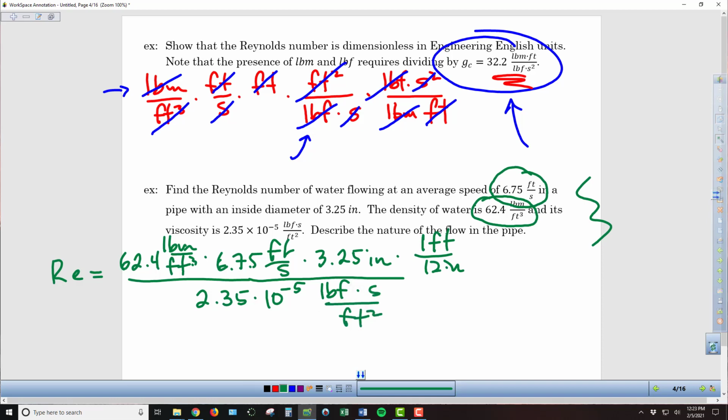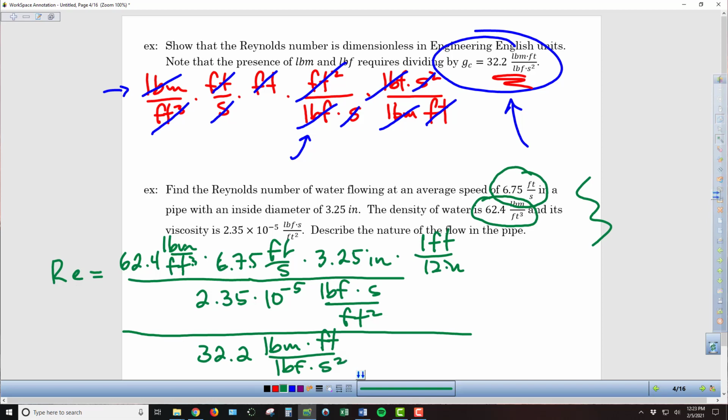And then of course we have to make sure to remember we're going to have to divide our answer here by G sub C, so by 32.2 pound mass times feet over pound force times second squared.